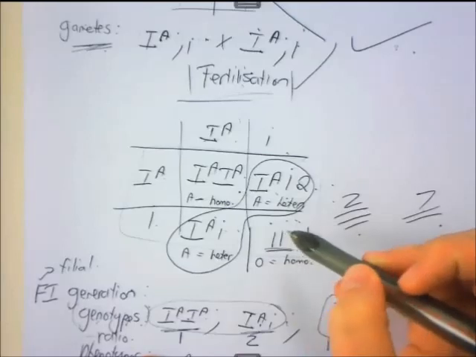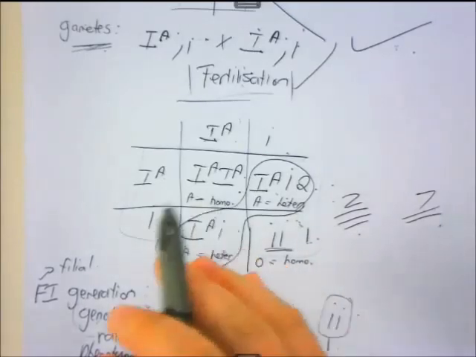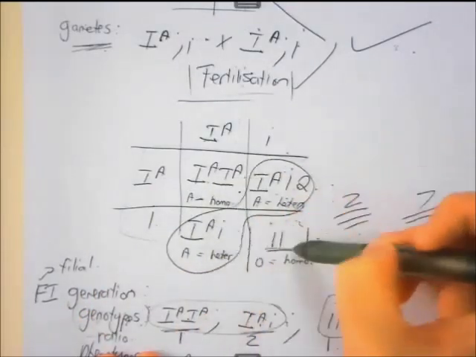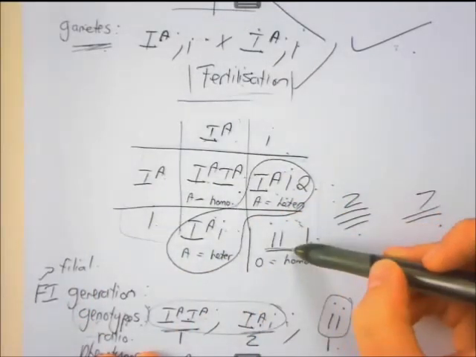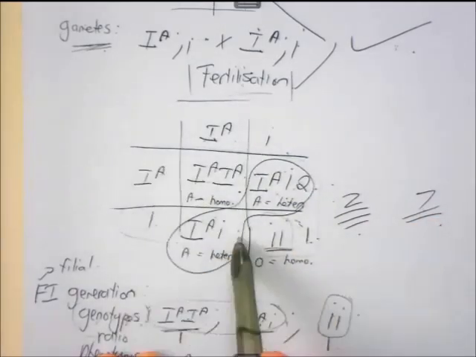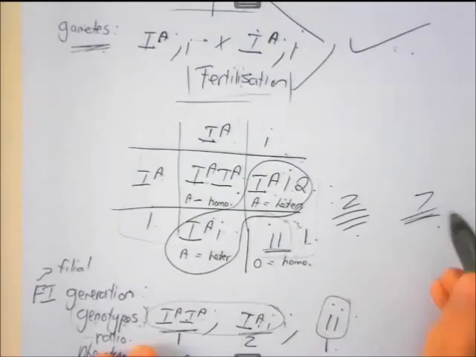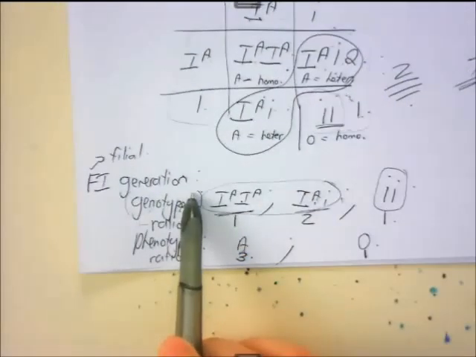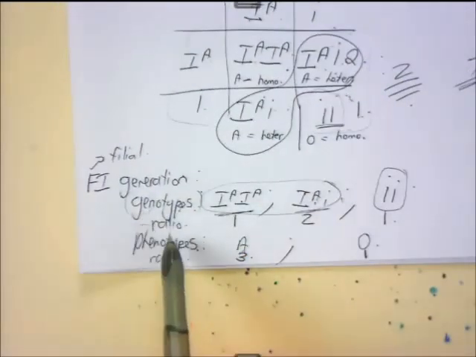Okay, so it's not enough, like we did previously, where we just quickly for ourselves worked out the genotypes of the F1 generation and of the child. It is not enough to only do this. Okay, to get your full 7 marks, you have to do this from start all the way through, ending with the F1 generation, where you've told me about the genotypes and the phenotypes as well.